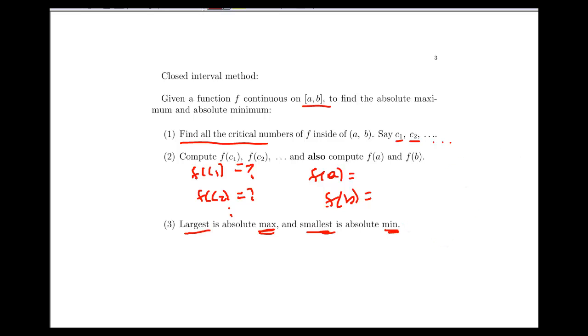Now, I have an example that I want to show you. So here's a function f. It is a polynomial, so it's defined on all of R, but we want to know the absolute maximum and absolute minimum of the function within the interval from -2 to 2. So the first step is to find all critical numbers.